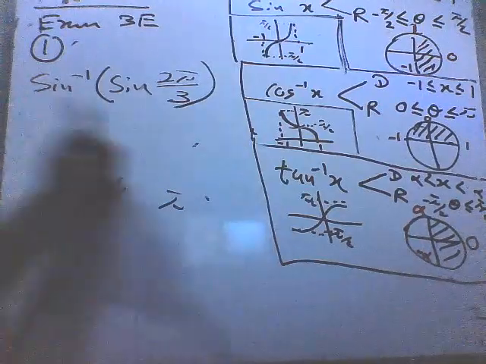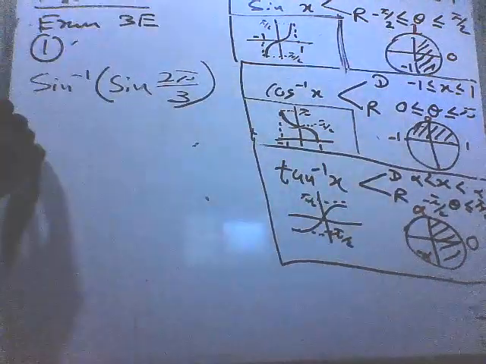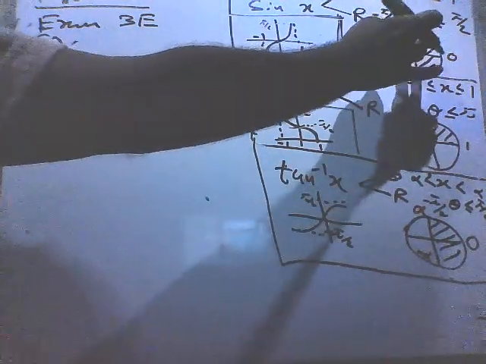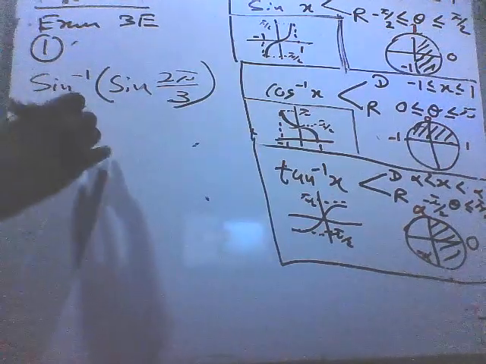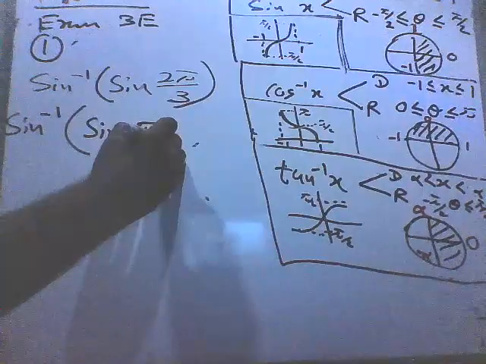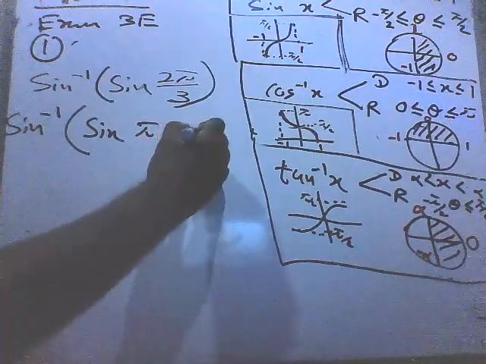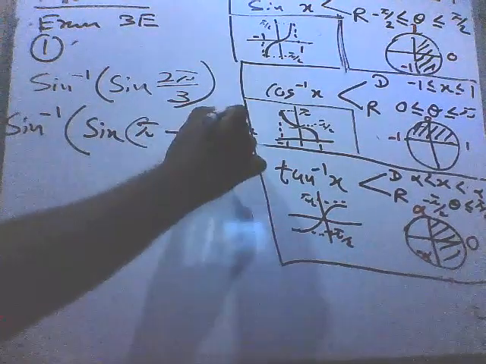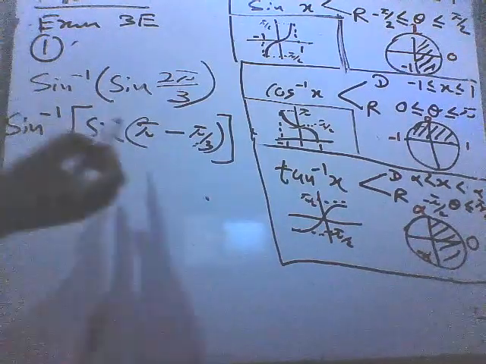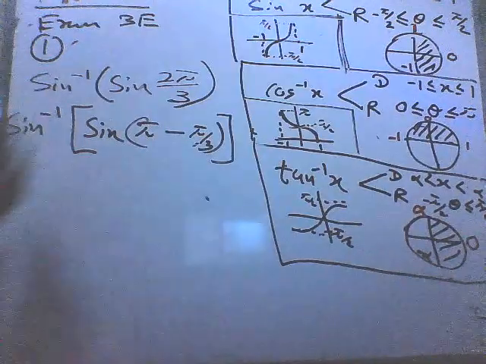So what we can do is this. Going from the basics, sine inverse of sine 2 pi over 3 is equal to sine inverse of sine of pi minus pi over 3. You can write it like this, because 2 pi over 3 simplifies to pi minus pi over 3.